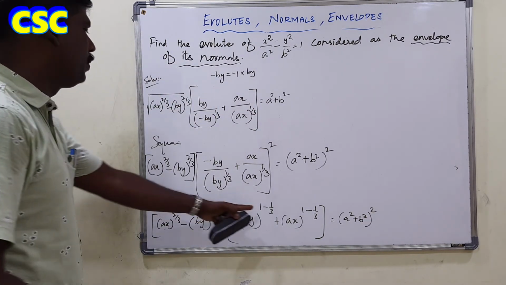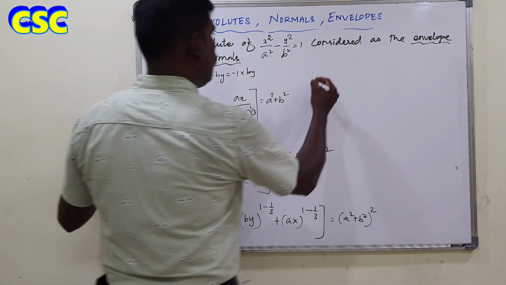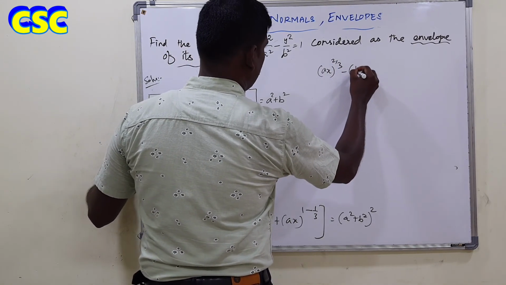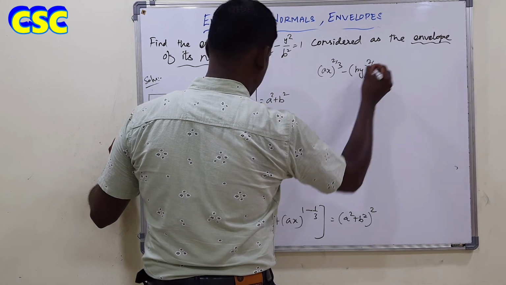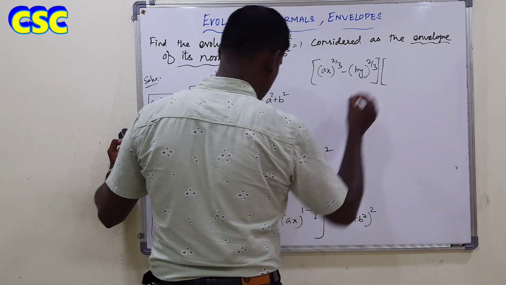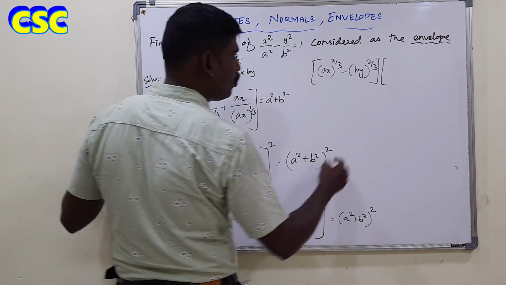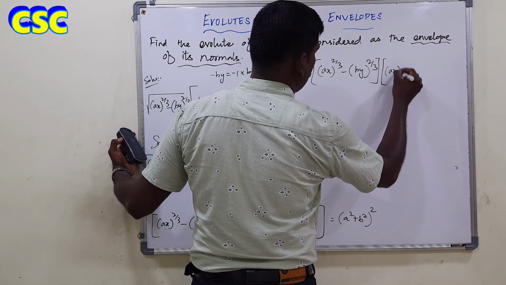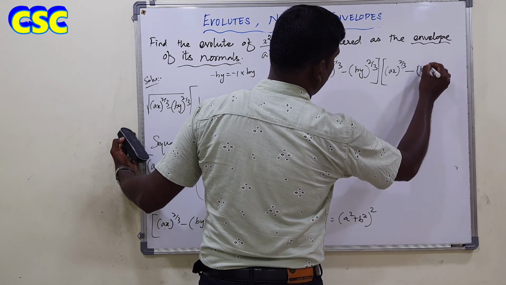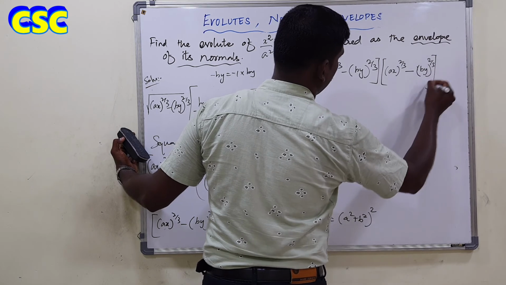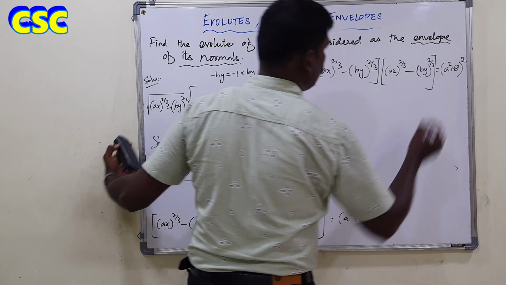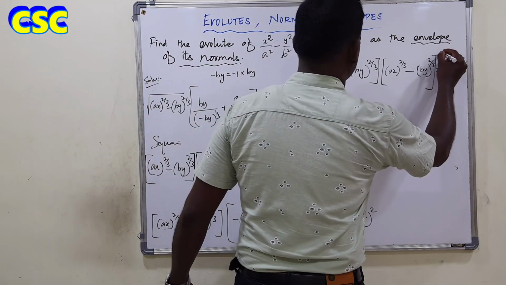Isn't it? What is 1 minus 1 by 3? 2 by 3. So what? Ax power 2 by 3 minus by power 2 by 3, isn't it? Into this becomes ax power 2 by 3. I write the positive term first. Ax power 2 by 3 minus by power 2 by 3 equal to a square plus b square the whole square, isn't it?